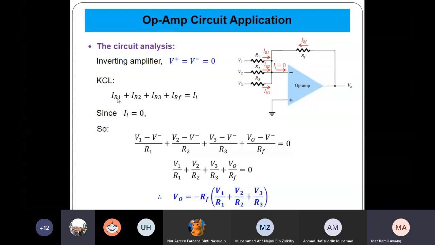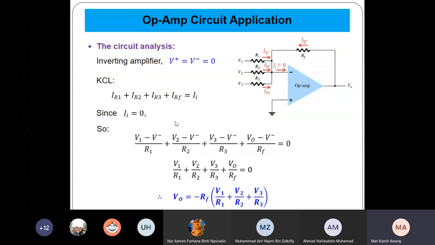So IR1 plus IR2 plus IR3 plus IRF equals 0. IR1 is V1 minus V minus divided by R1, IR2 is V2 minus V minus divided by R2, IR3 is V3 minus V minus divided by R3, and IRF is V out minus V minus divided by RF, equal to 0.